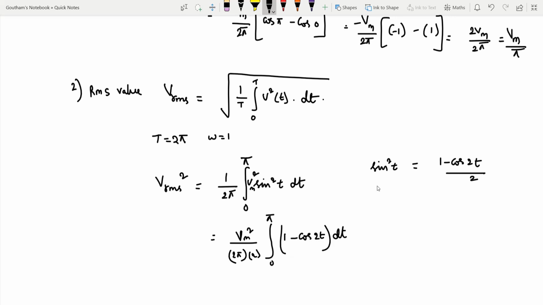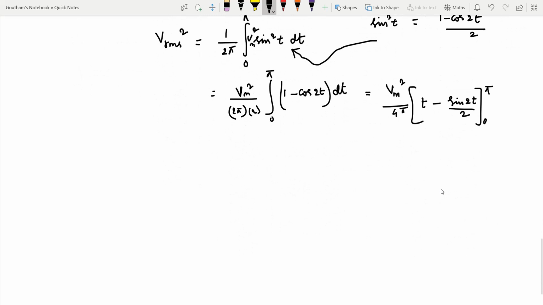So the denominator is 2, which got multiplied by 2 pi here. So this is nothing but Vm square by 4 pi into, if I do the integration, integral of 1 dt is t minus integral of cos 2t, which is sin 2t by 2, and the limits are from 0 to pi.